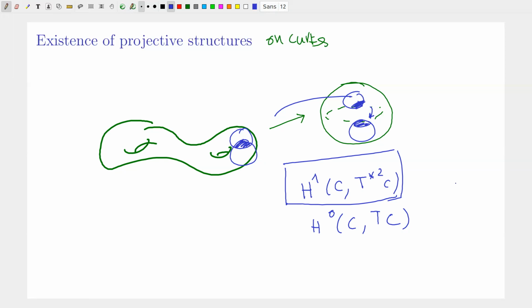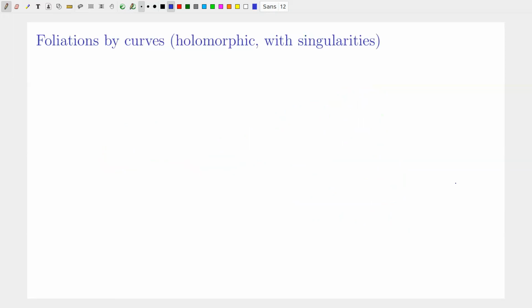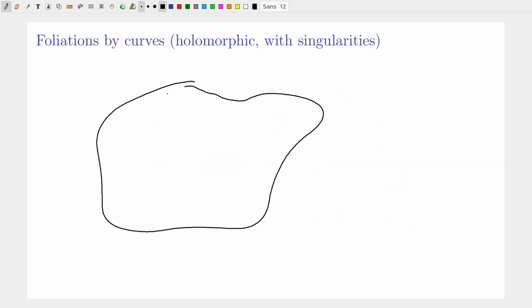Okay, so this is everything I want to say about curves. So let me go now to foliations. I will be speaking about holomorphic foliations by curves on compact manifolds. So let me just recall what we mean by a holomorphic foliation by curves with singularities. Claudia was telling us about some of these in the last talk.